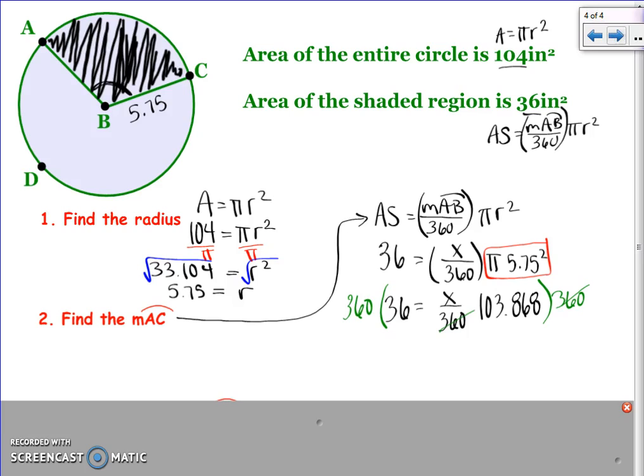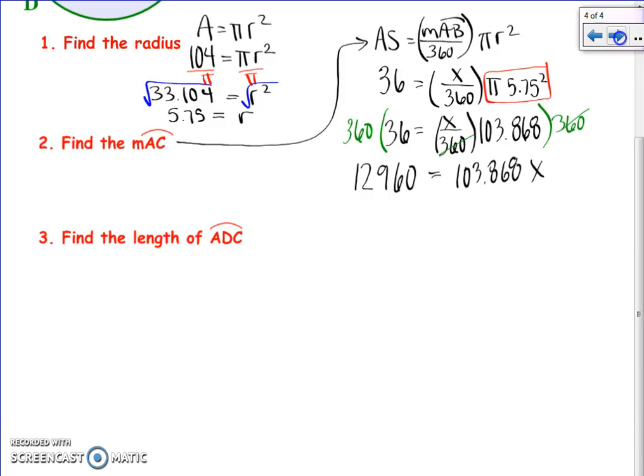What's this over here? 12,000. I didn't hear the last part. 960. Okay. So the only thing left over here is this 103.868 and an X. So we only have one step left. Divide. So when we divide both sides, what do we get?